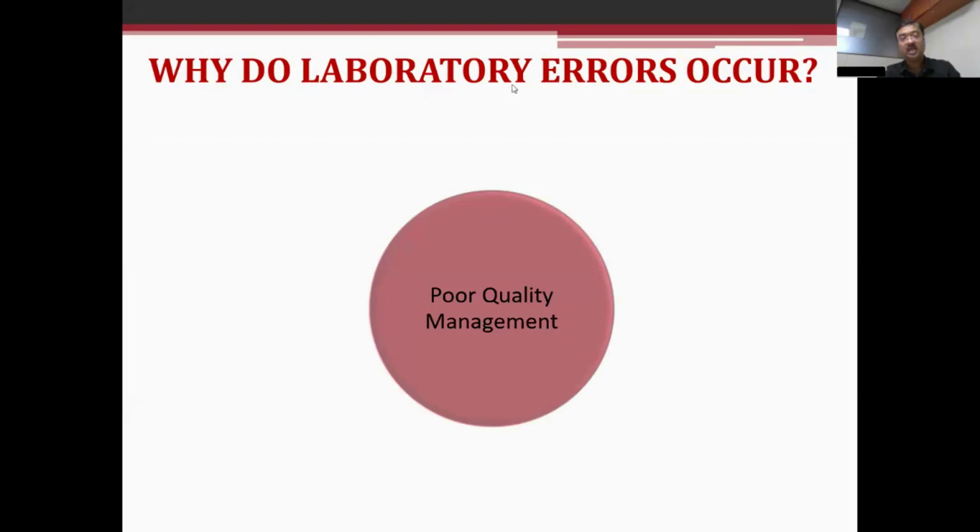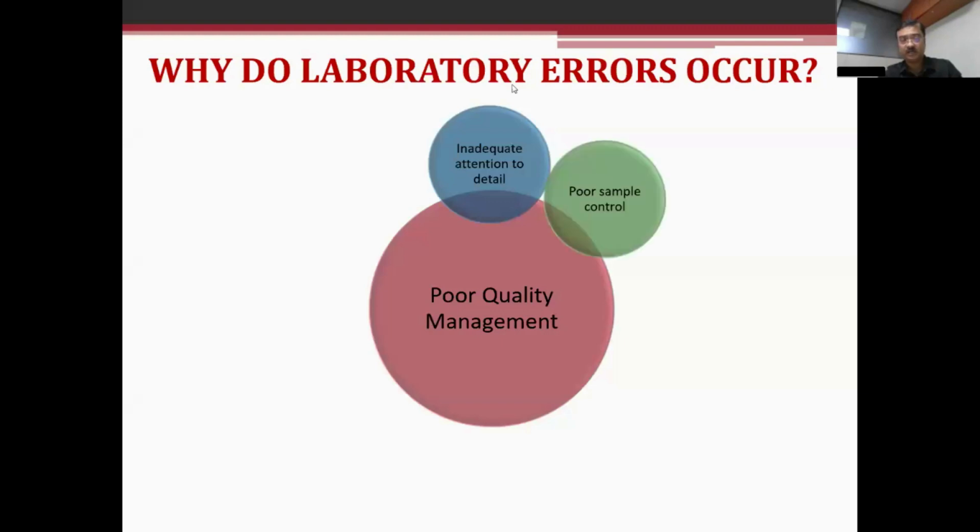Overall, the major reason is poor quality management, and the lab becomes accountable for poor quality management as a whole. First is inadequate attention to detail. How many of you go through the standard operating procedure properly before testing or before implementing the test actions? This is the first step toward an error.